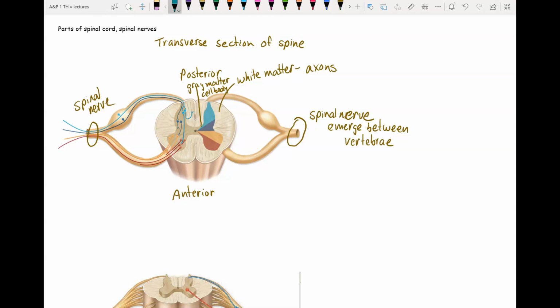So this back part here that's teal colored is the posterior horn. This has the cell bodies for somatic sensory. Then the dark blue part is also posterior horn. And this is your visceral sensory.